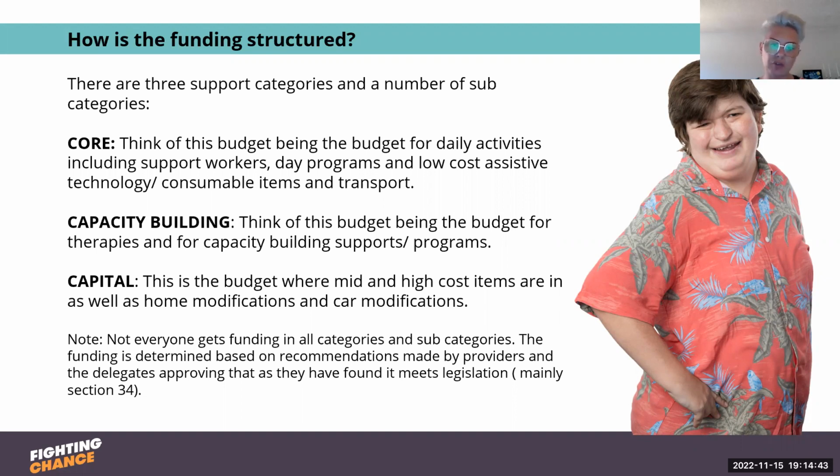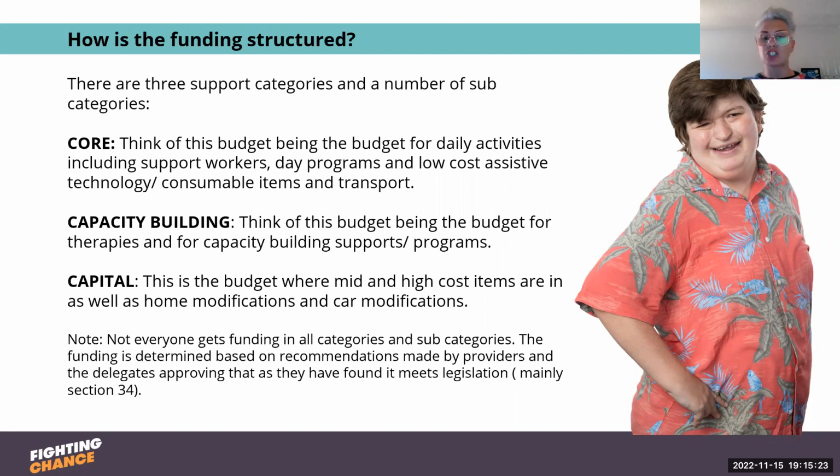So not everyone gets funding in all categories and subcategories. The funding is determined based on recommendations made by providers and delegates approving that they have found it meets legislation, mainly Section 34, or as we all know it, reasonable and necessary, which we spoke about last month a lot. And next year, we're going to be doing a session on clinical reports and how to enhance them to help you to get what you need out of a plan or what your person needs out of a plan.